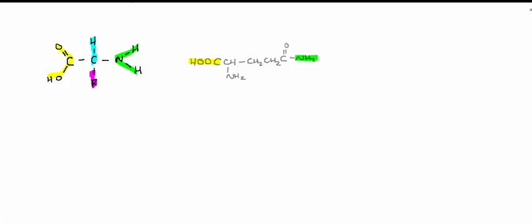So we draw the carbonyl, and this is the same for every single amino acid. So it's always the same. The only thing that's going to be different is your side group. So this first part is really easy. And once we've identified our side group within the structure, it's just a matter of copying.